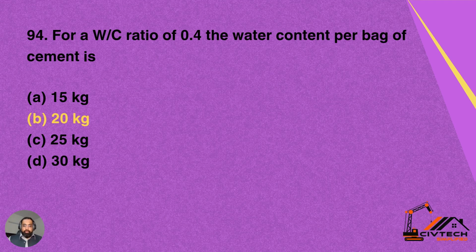For a water cement ratio of 0.4, the water content per bag of cement is option A 15 kg, option B 20 kg, option C 25 kg, option D is 30 kg. So for a water cement ratio of 0.4, the water content per bag of cement is 20 kg.